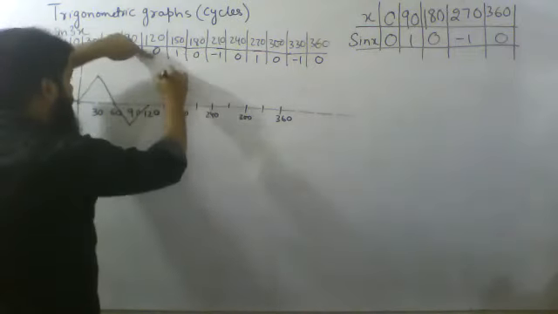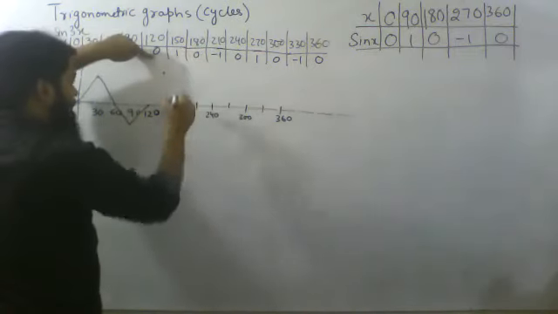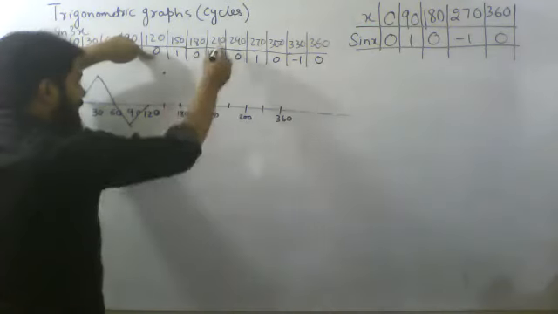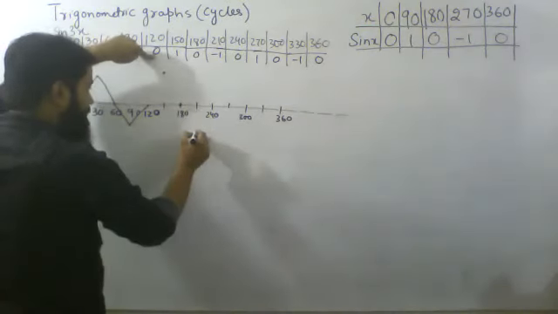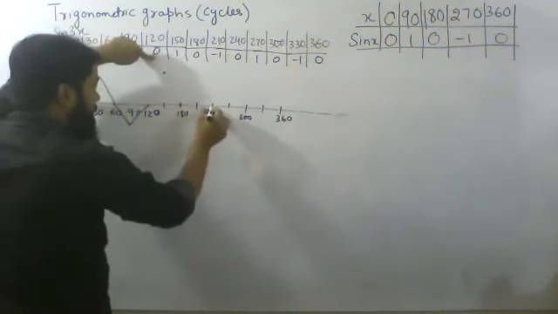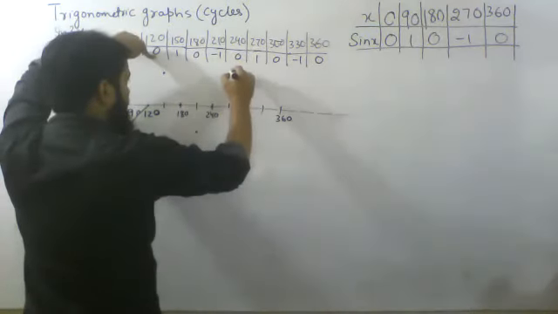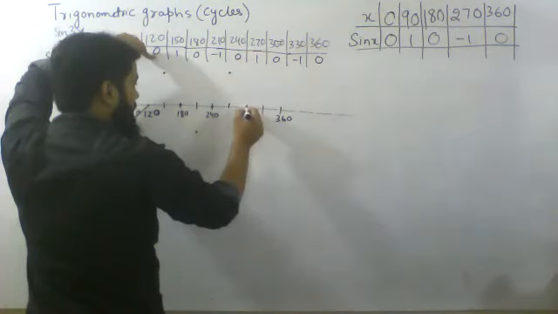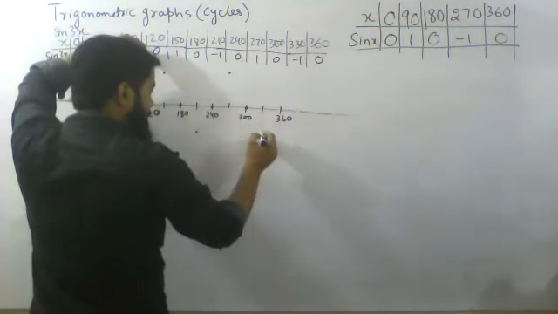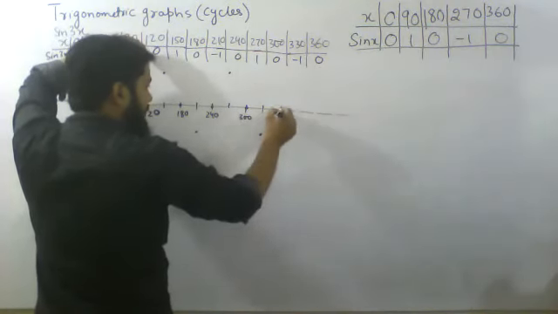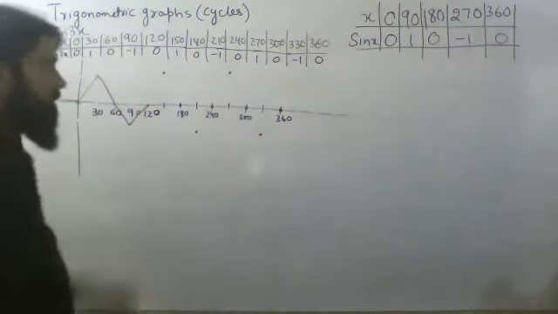At 150 it should be 1. At 180 it should be 0. At 210 it should be minus 1. At 240 it should be 0. At 270 it should be 1. At 300 it should be 0. At 330 it should be minus 1. And at 360 it should be 0.